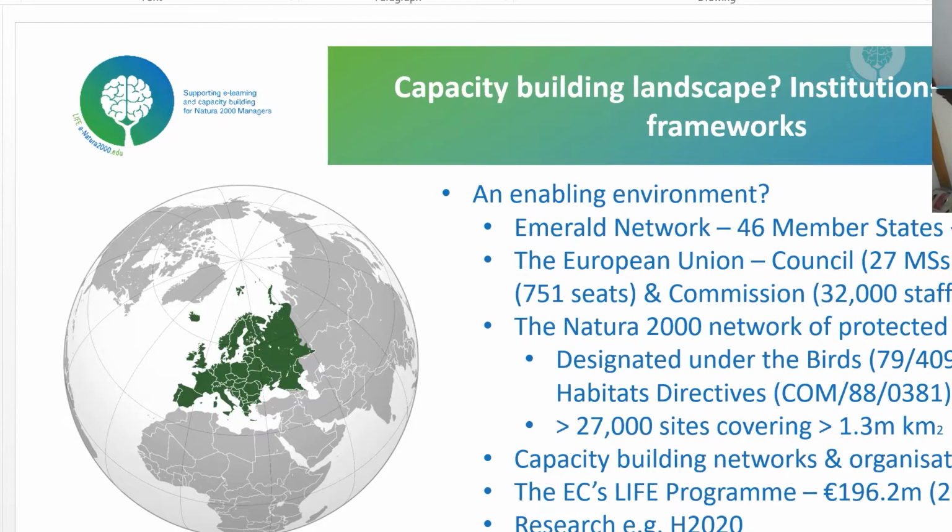You can see the different institutions that are there. Some apply for the Emerald Network, which are broader than just the European Union.